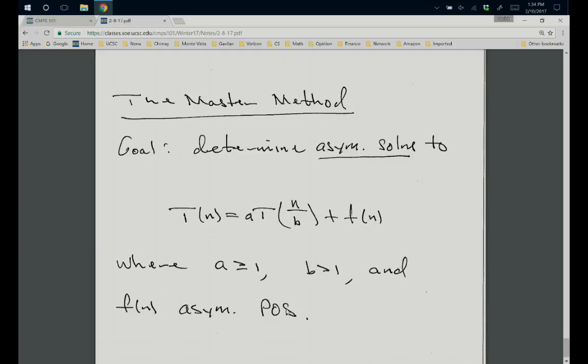The reason they're the same is because f of n and n to the log base b of a are asymptotically equivalent, each a tight asymptotic bound on the other, so you can put either one you want. And then case 3, this is the most complicated.